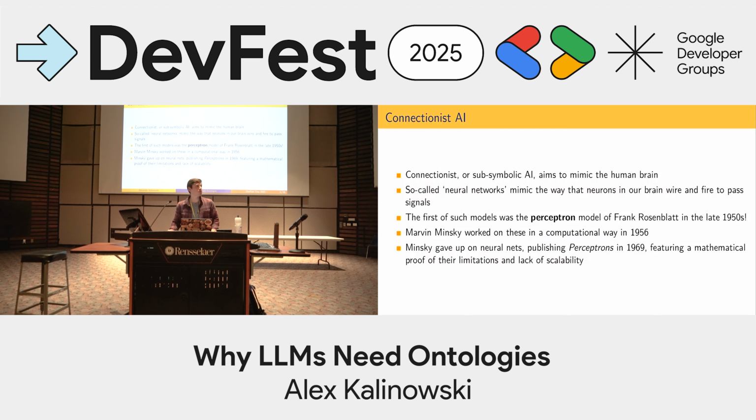So neural networks were abandoned. There was a famous book in 1969 mathematically proving that the perceptron model had its limitations and couldn't scale. Well, all of a sudden, we get the internet, we get more data, we get GPUs. Now these things are a reality, and we interact with them on a daily basis.